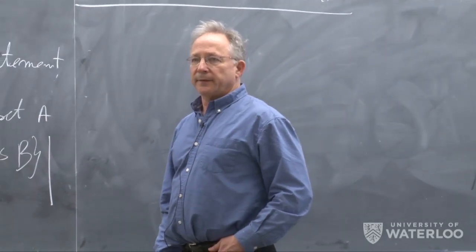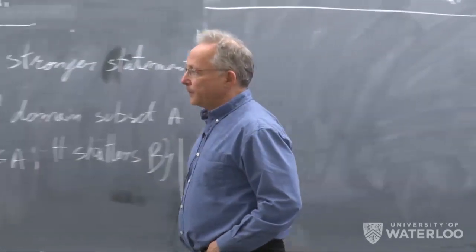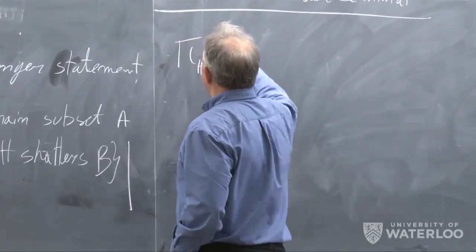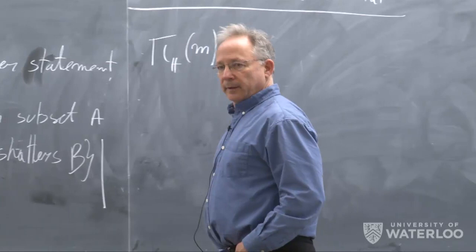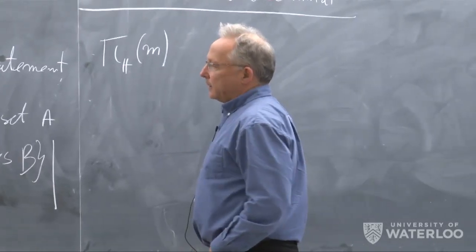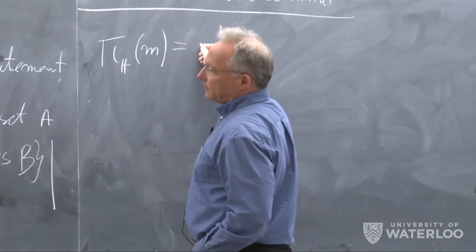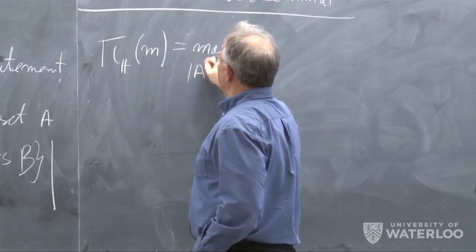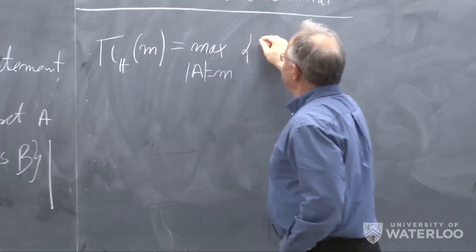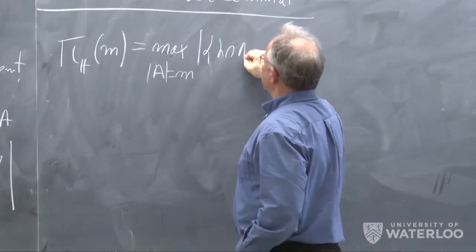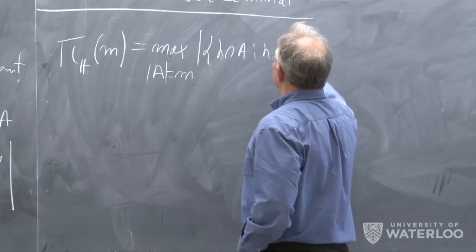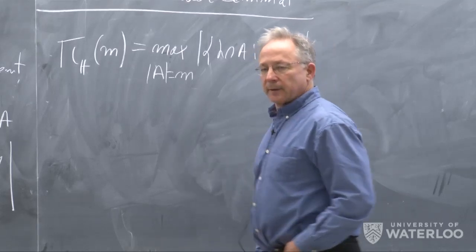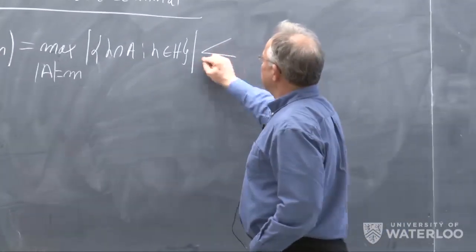Why is that? Because pi_H(m), by definition, is the maximum over all A of size m of the size of {H ∩ A : H ∈ H}.